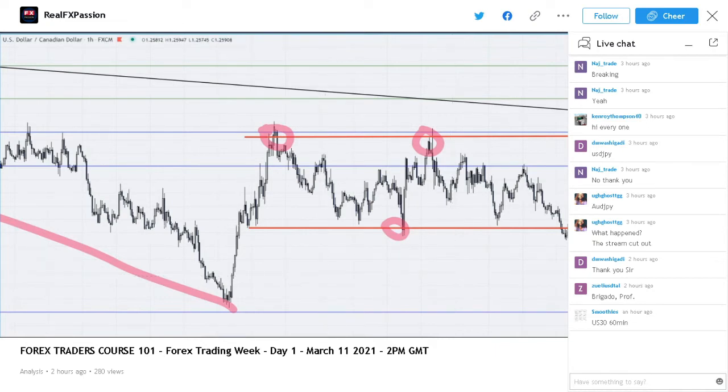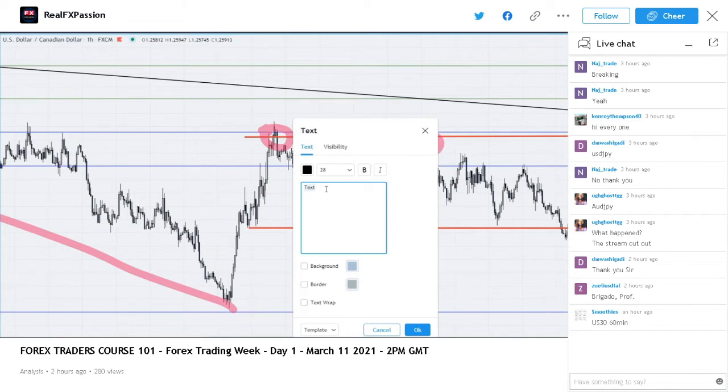Okay, so what we have learned so far, beginner traders, is before entering the trade, we need to clarify, number 1, what pair we are trading.